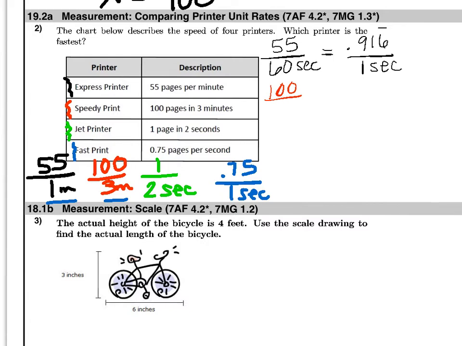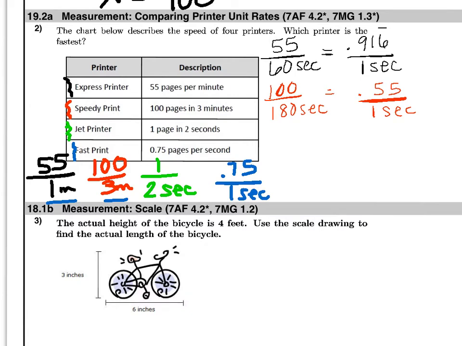So 3 times 60 is 180, and this is now seconds. But again, I need unit rate, so I have to divide. 100 divided by 180 gives me 0.55 per 1 second. Okay, so 0.55 of a page in 1 second.